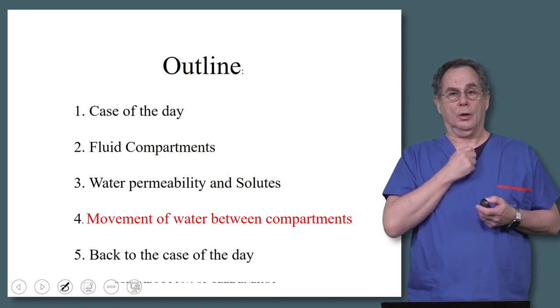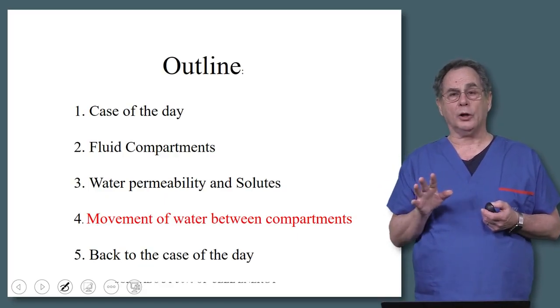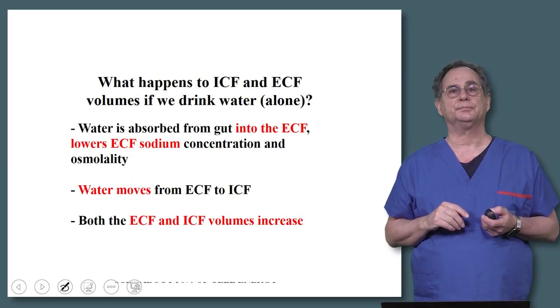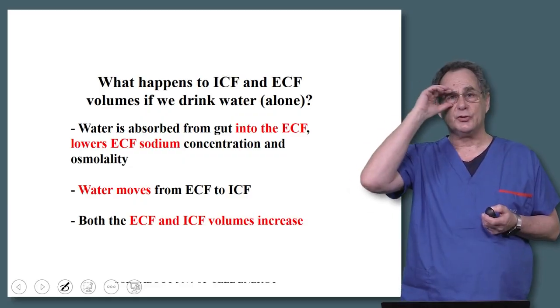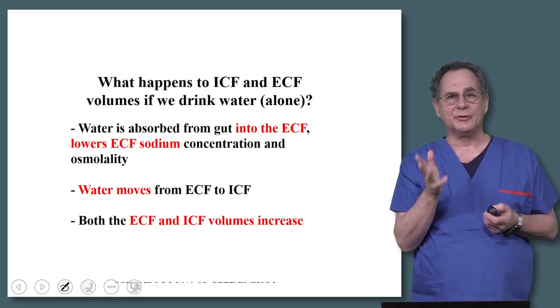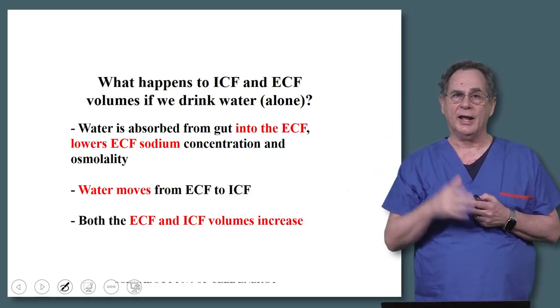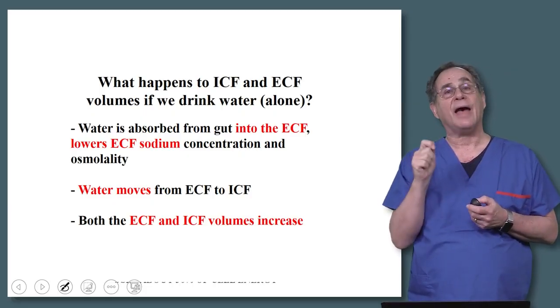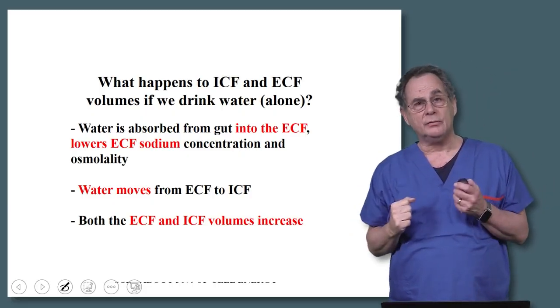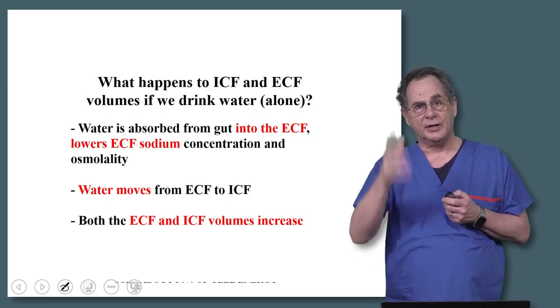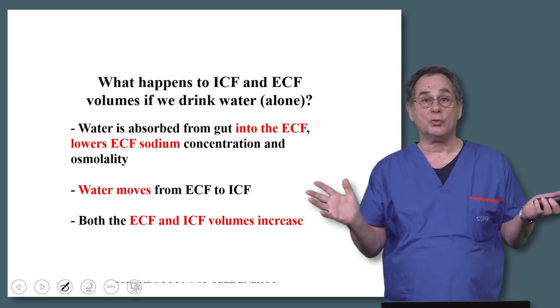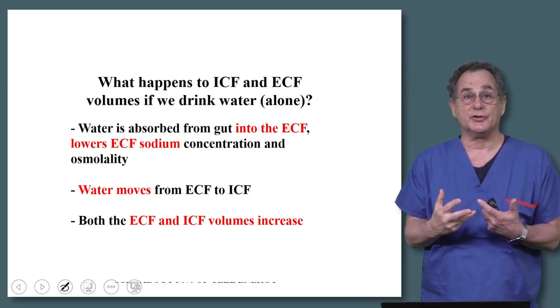So, movement of water between compartments. What happens to the intracellular fluid compartment and the extracellular fluid compartment if we drink water, like that marathoner who's running for her 5-hour finish and is rehydrating just with water as she races?